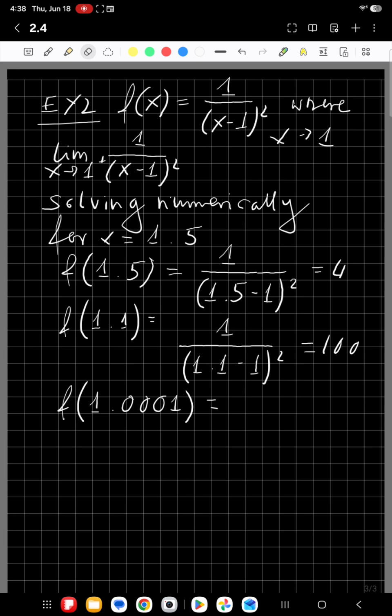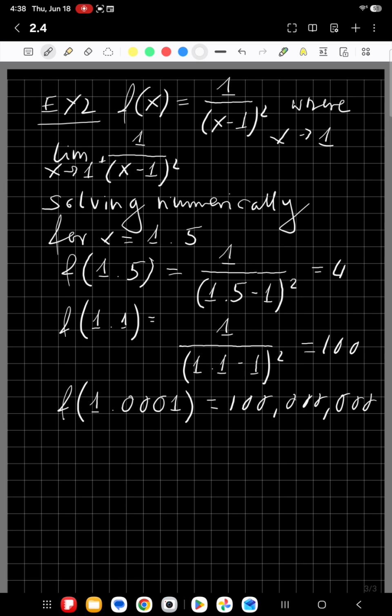We have point, three zeros, and then 1. And I'm squaring it, and then I'm taking the reciprocal of that. So we have 100 million. All right, so I hope you see what's happening.